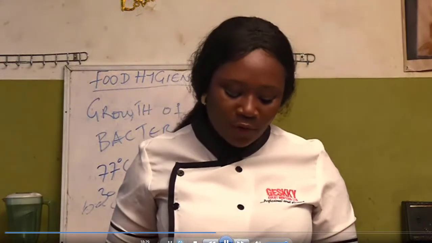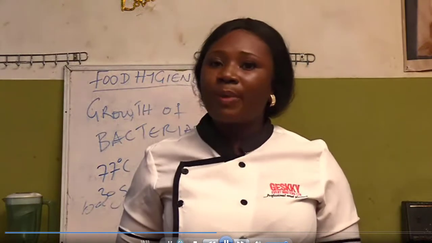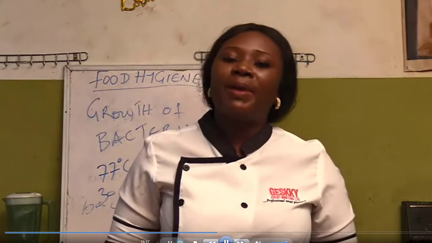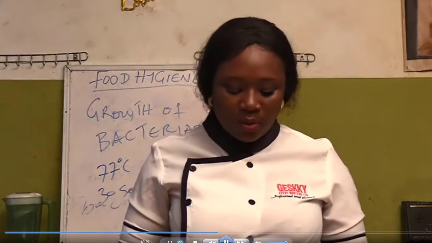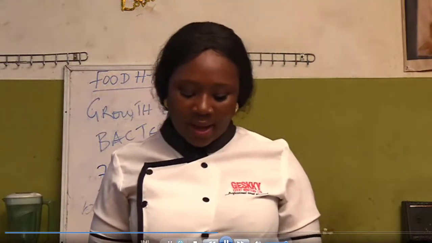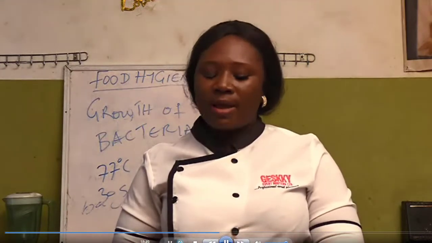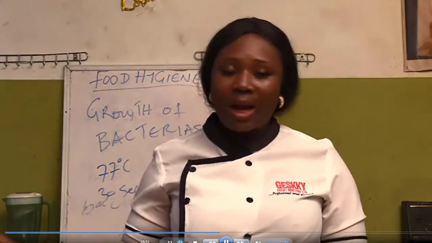I will say it again: food poisoning is an illness characterized by stomach pain. You eat food and you start feeling pain in your stomach, that could lead to diarrhea and sometimes vomiting. Your system does not accept it.